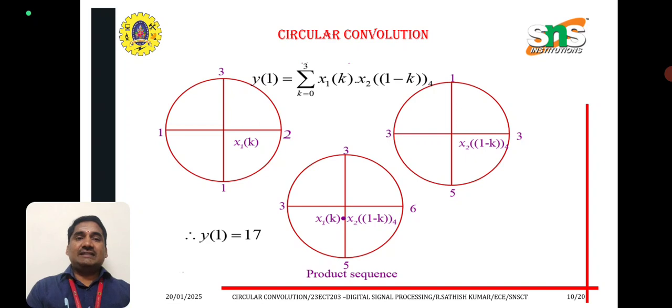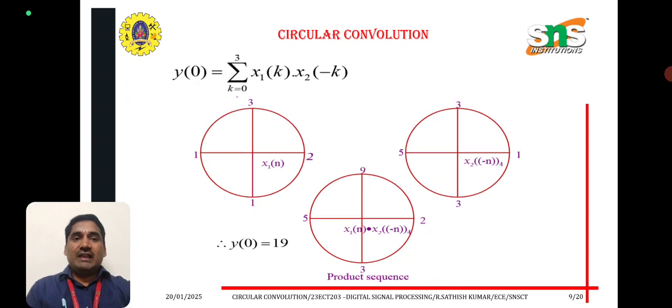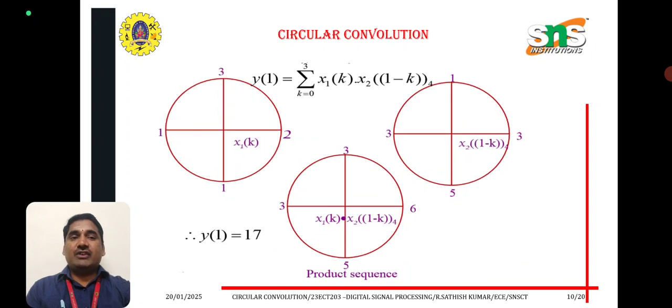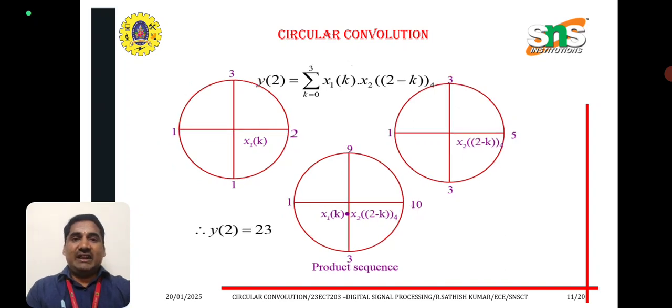Therefore, 2 3s are 6, 3 ones are 3, 1 into 3 is 3, 1 into 5 is 5. Adding all these, 6 plus 5 plus 3 plus 3, y of 1 is equal to 17.